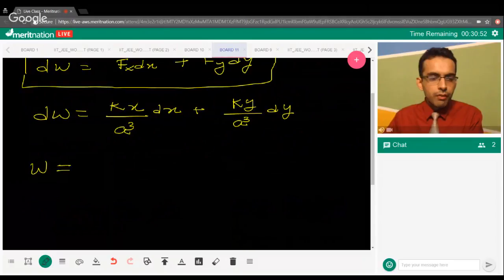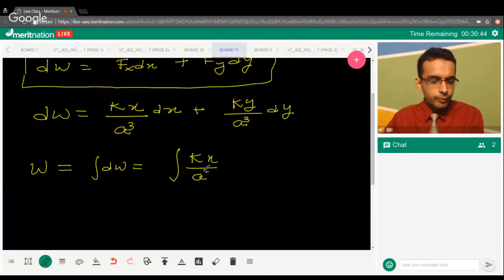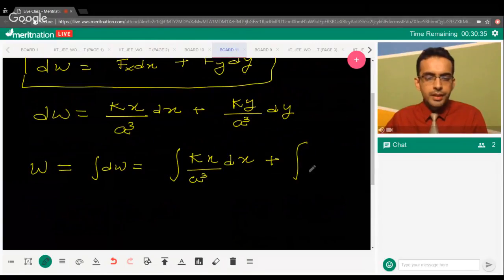So w is equal to the integration of dw, and that is equal to the integration of kx by a cube into dx plus the integration of ky dy divided by a cube.